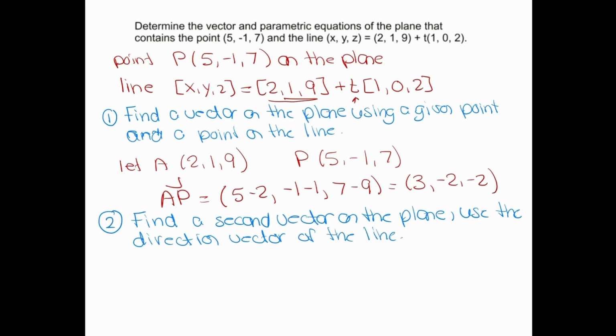My direction vector of my line, just from right here, is 1, 0, 2. So I've got a vector on the plane, that's AP. I now have my direction vector.